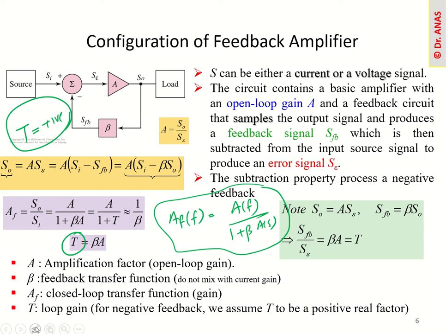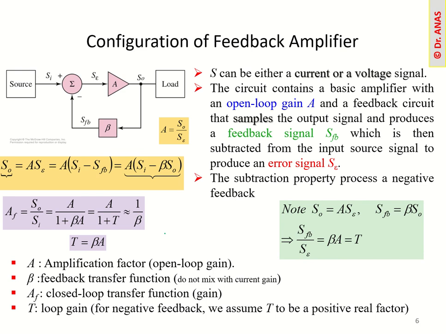There is one more assumption here. Usually your error signal is very small. What does this mean? We know that the error signal is basically 1 over T. If this is a very small number, then 1 over a very small number, for example 1 over 0, will be infinity.